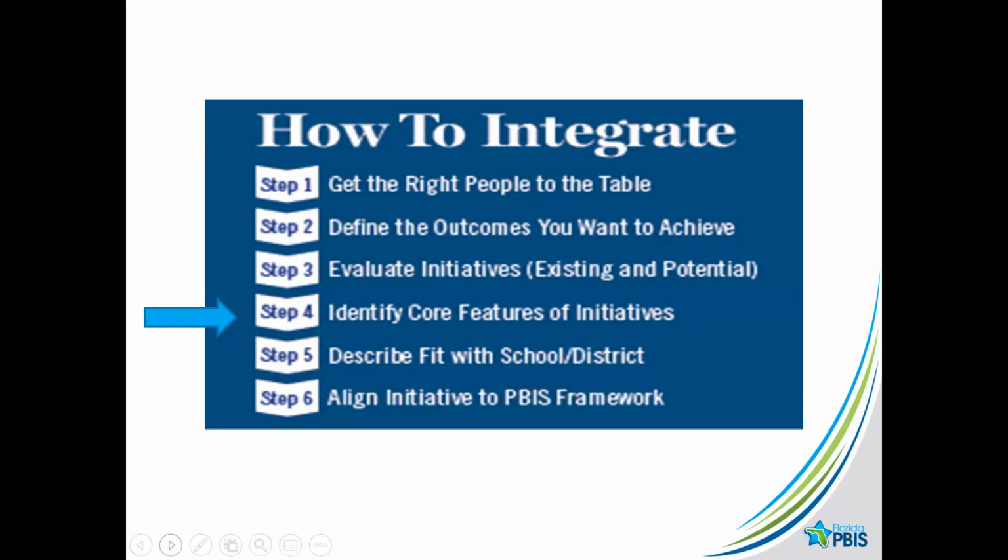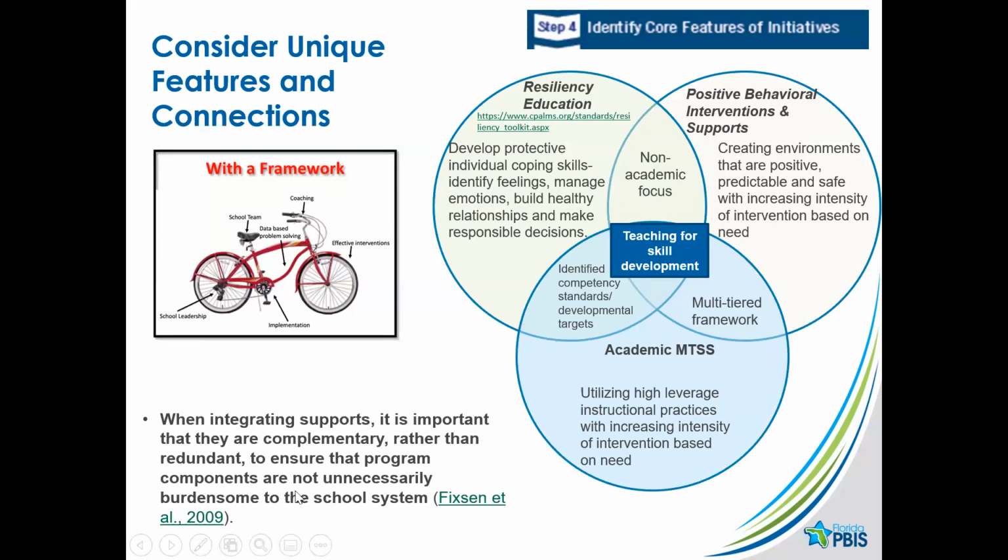But step 4 is about those core features. So this one is one of the most important steps to integrate or align. There's got to be a member on your team that knows the core features of what the it is. That's the first step there. So we're going to start with an example that's more of a district example to me, but could be used at a school. Coming back to our little metaphor with the bike, remember, it's that framework.